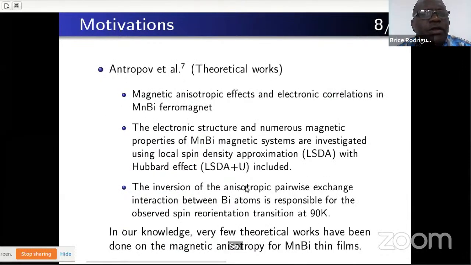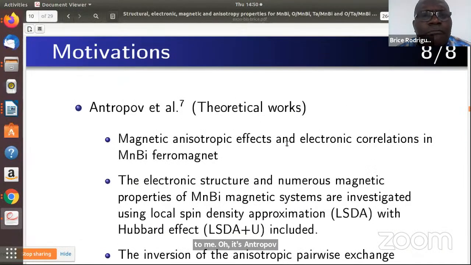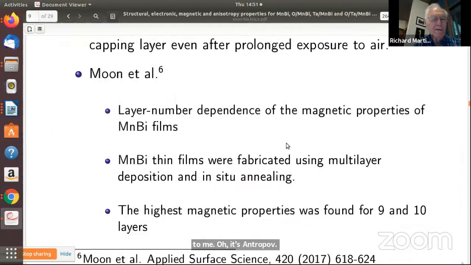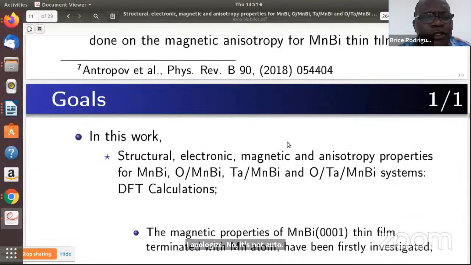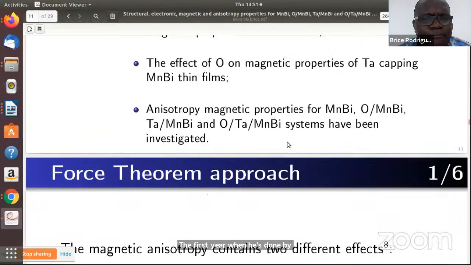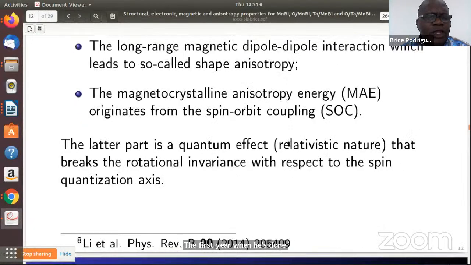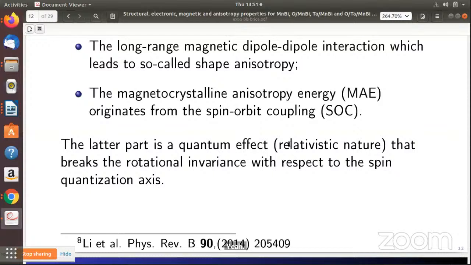Let me. Oh, it's Antropov. I apologize. No, the first theorem is done by Leal. Oh, okay, then I did not notice that.